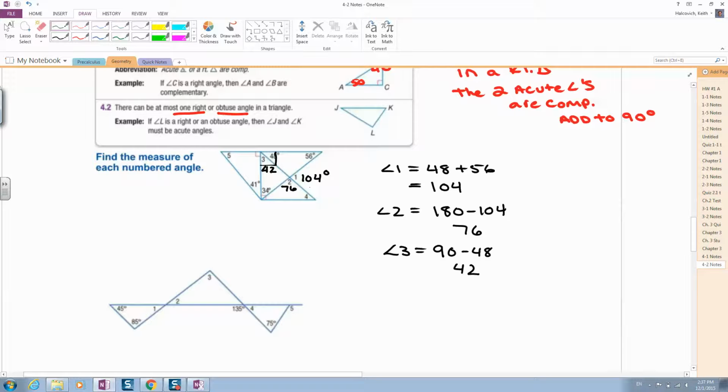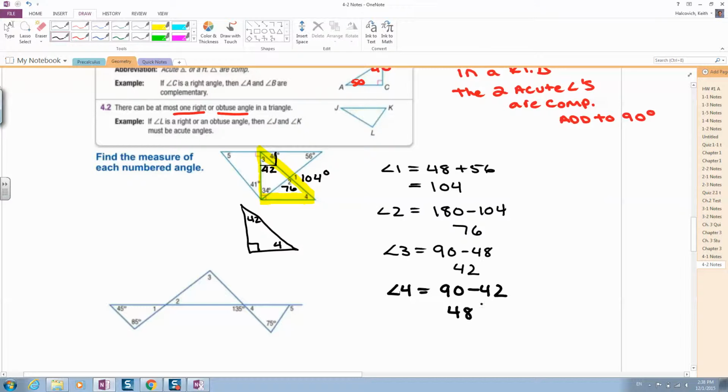Angle 4, you could use the big triangle here that has 42 at the top, and then you have a right angle here, and you have angle 4, this big triangle here. You could use that and figure out that angle 4 is equal to 90 minus 42, because remember, the two acute angles in a right triangle have to add up to 90.